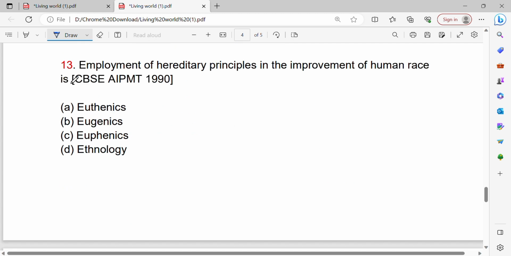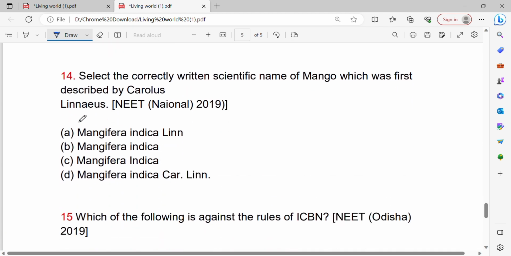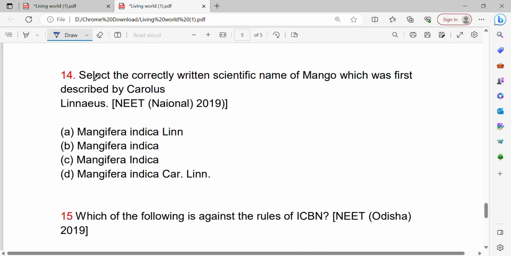Number 13. Employment of hereditary principles in the improvement of human race is eugenics, euphenics, and ethnology. And the correct option is option B, eugenics. Question number 14.